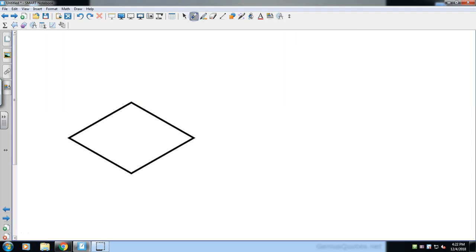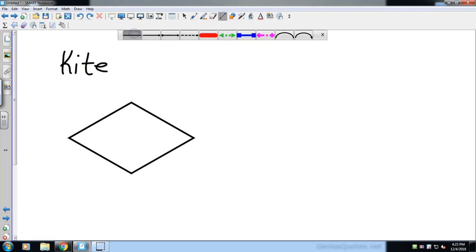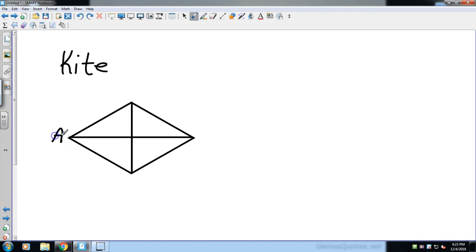Now, in a kite, we've got a couple of additional properties. We could take the diagonals, and if it's a kite, those diagonals are perpendicular to each other. Just like the rhombus and the square, the diagonals are perpendicular to each other.